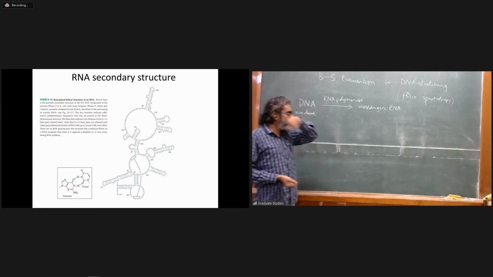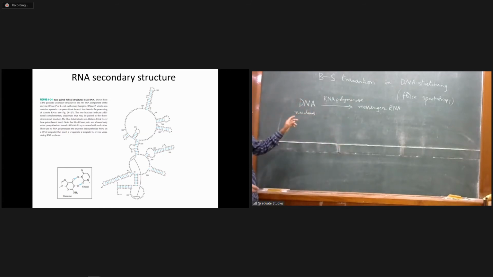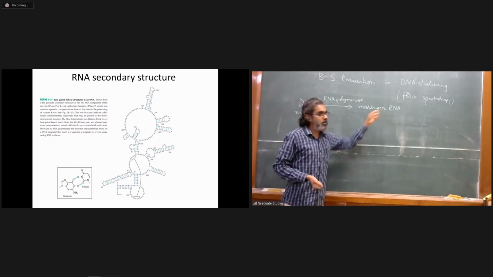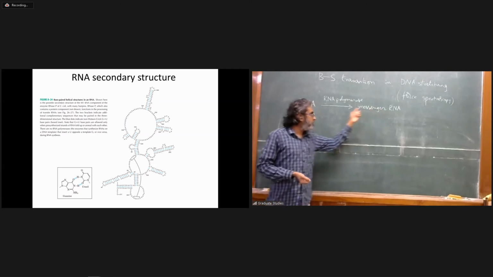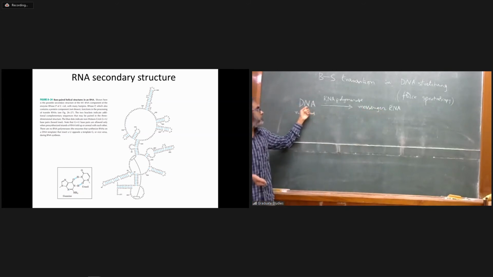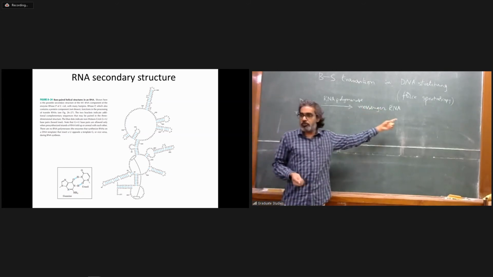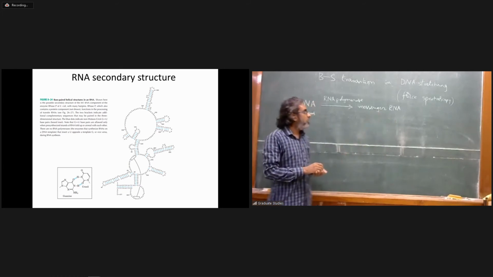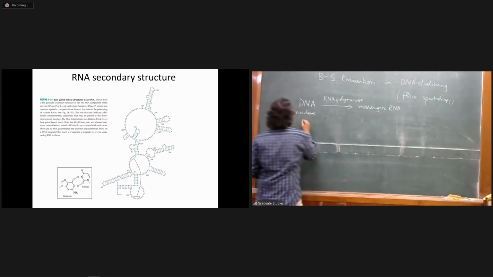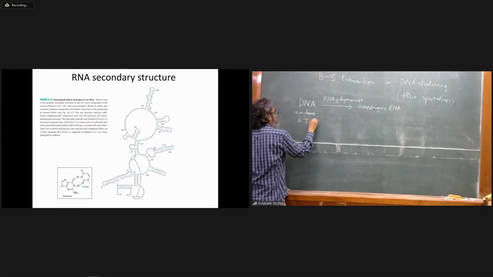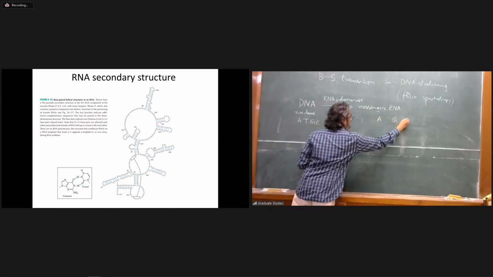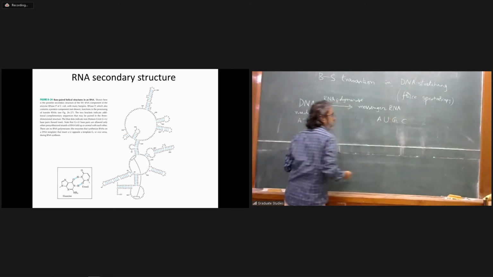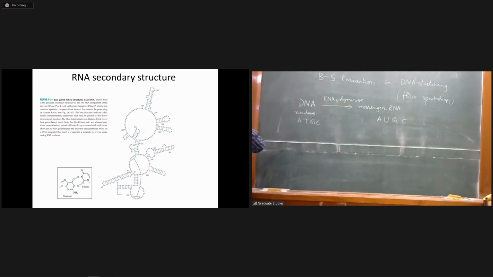Initially we discussed the difference between DNA and RNA. There are only two differences. One is at the sugar 2 prime: DNA is deoxy, but RNA has an OH group. Second, in terms of ATGC, A is A, G is G, C is C, but in place of T you have uracil.